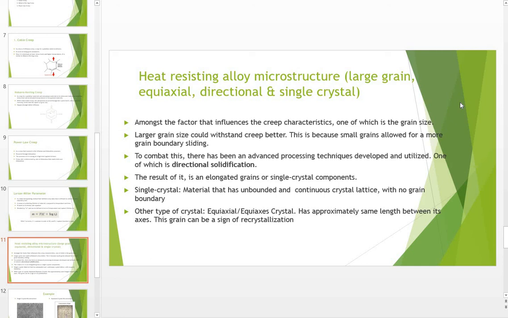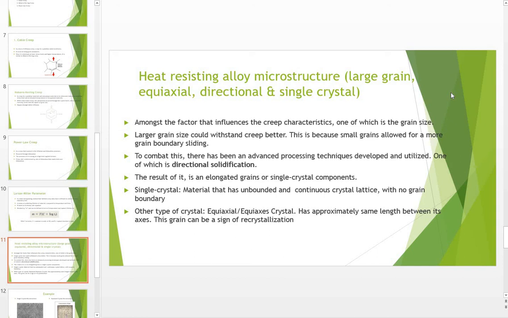And finally, we move to the final topic, which is heat resisting alloy microstructure. Amongst all the other factors that influence the creep phenomena, one of them is the grain size. So the theory is that the larger the grain size is, the better it is able to resist creep.